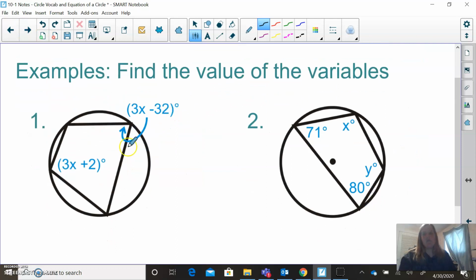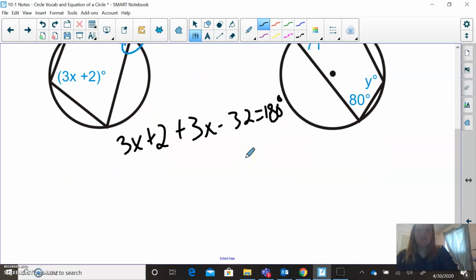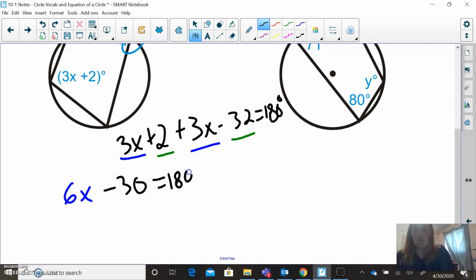So find the value of the variables. These are opposite angles, so 3x plus 2 plus 3x minus 32 is going to equal 180 degrees. Like I said, add your like terms. 3x plus 3x is 6x, and then 2 minus 32 would be minus 30, is equal to 180.